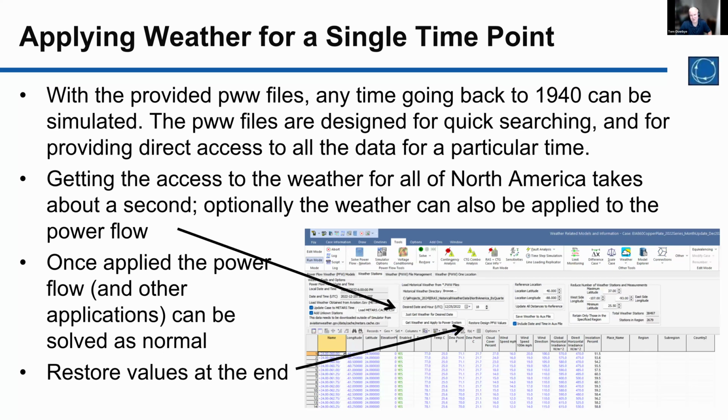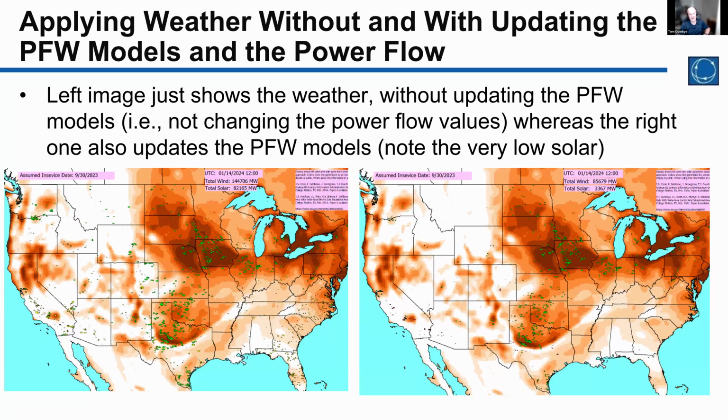There we're changing the max megawatt field for your generators, so you have to use this with caution. When you're done, there's an option to restore the design PFW values, so it puts the max megawatt values back to where they were.